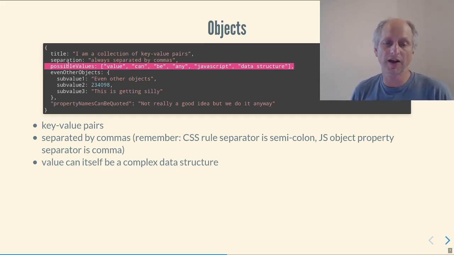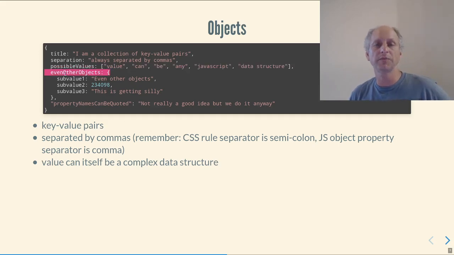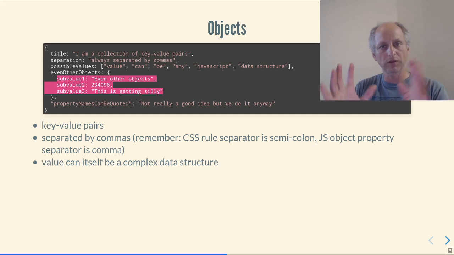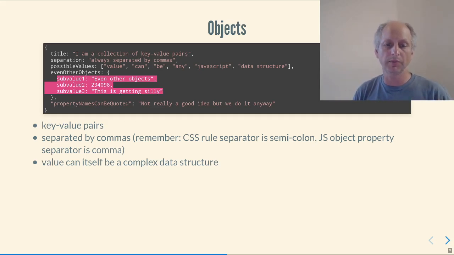In fact, a property of an object can even be another object. It could, and so it's an object in this case with a bunch of its own values. We could even have another object inside there. We could have an array inside there. We could have an object with an array inside it. So the nesting of JavaScript objects can be arbitrarily complex.